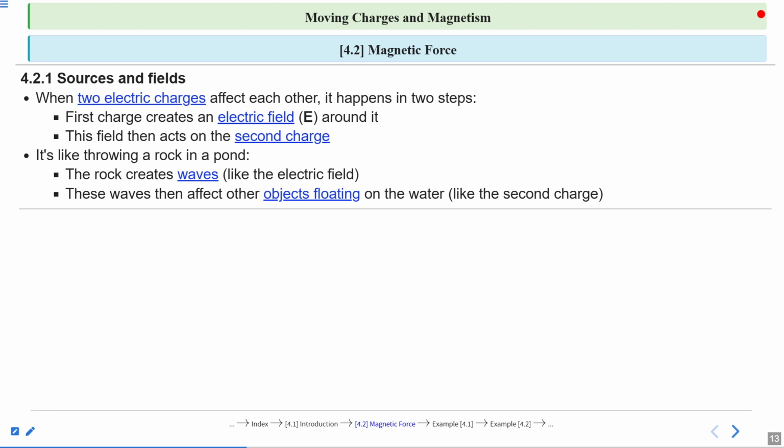Now these waves can affect other objects floating on the water. We can assume those objects as the second charge. So these waves then affect the objects floating on the water, like the second charge. You may have understood by this analogy.